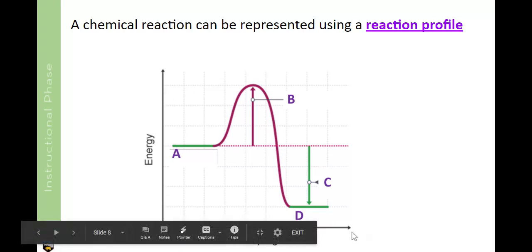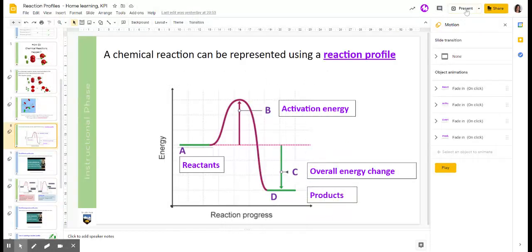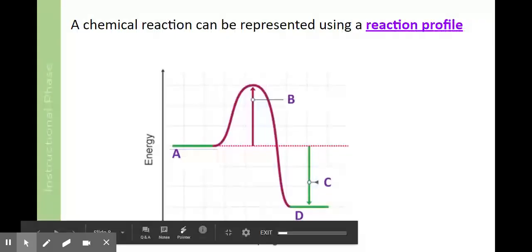And along the x-axis at the bottom, you've got the progression of the reaction. So as the reaction's going on, what is happening to the energy on the y-axis?